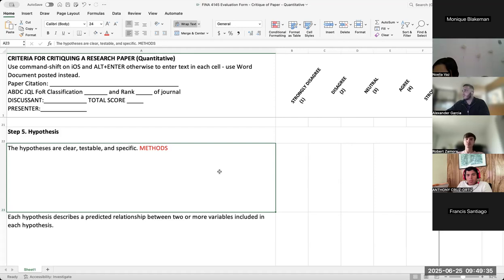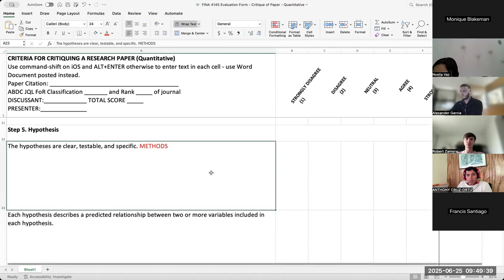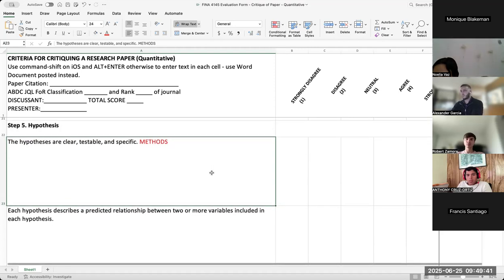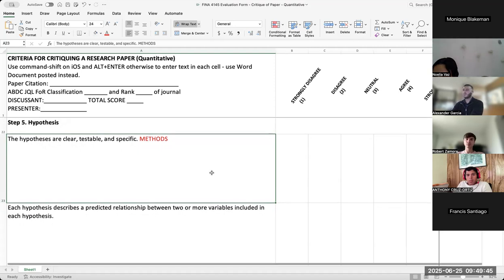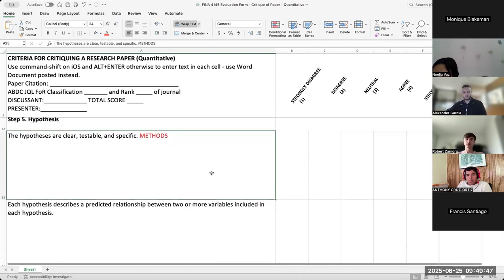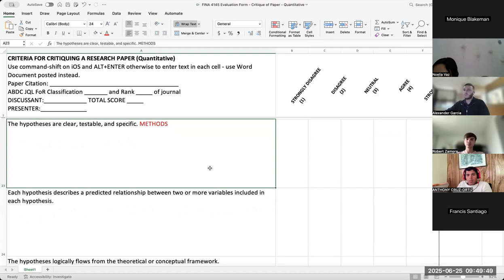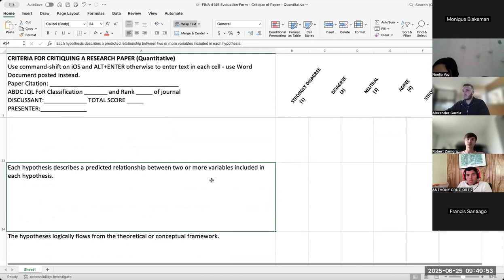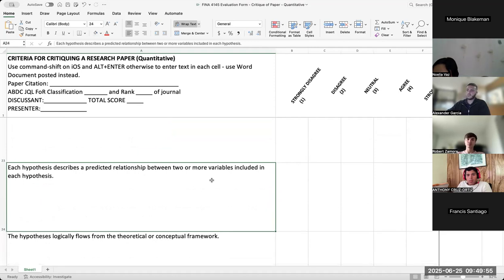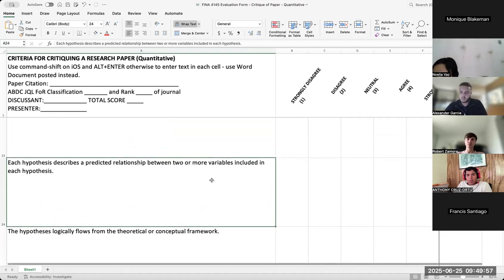Okay. So you can say whatever you want asking questions, but do you have the data to test it and prove it wrong or reject the null hypothesis? That's what we have to establish there. Each hypothesis describes a predicted relationship between two or more variables. So make sure that you don't have too many questions in a hypothesis.